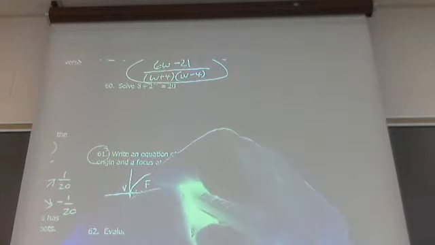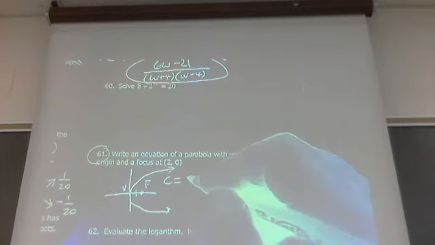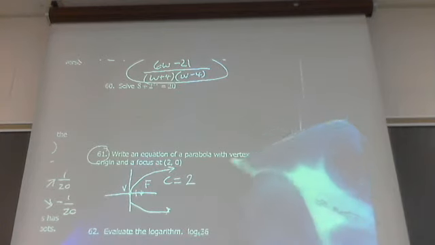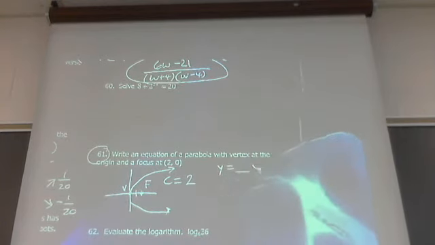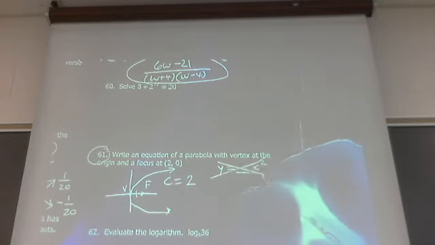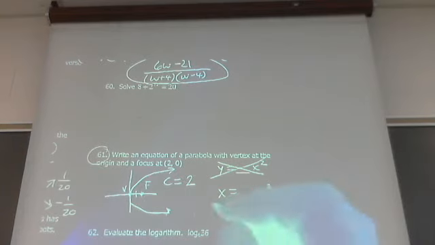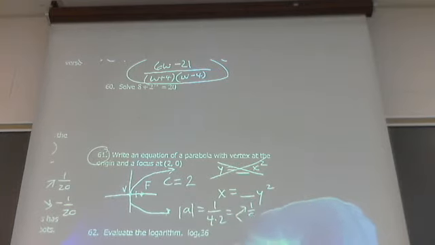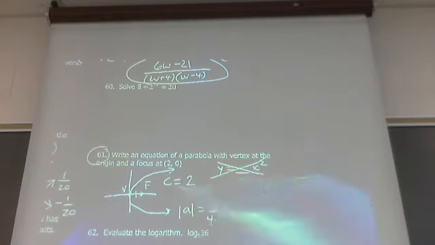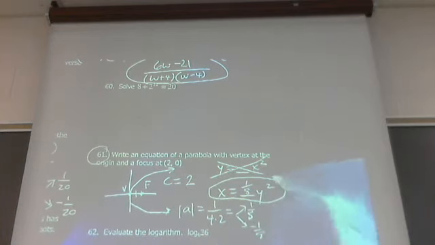What's the value of c? 2 units. Is this going to be y equals something x squared? It's going to be x equals something y squared. The absolute value of a is equal to 1 over 4 times 2, so that's either going to be 1/8 or negative 1/8. Which one? Positive 1/8 according to the picture, since it opens to the right.